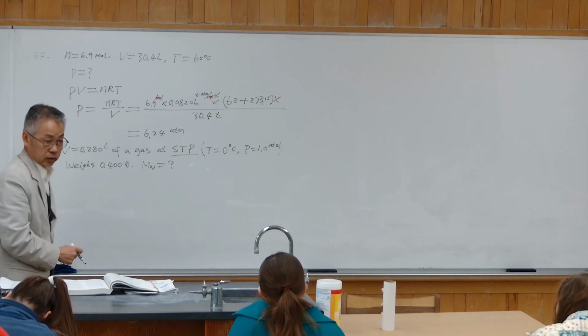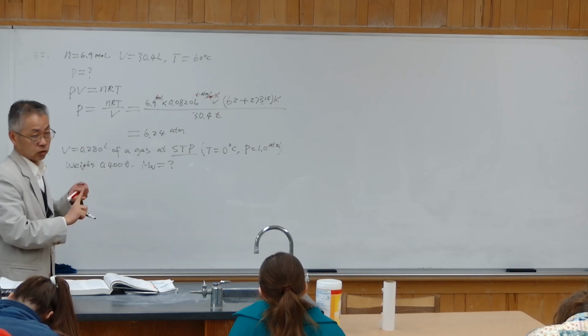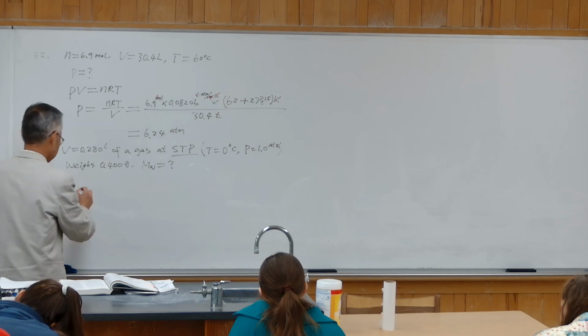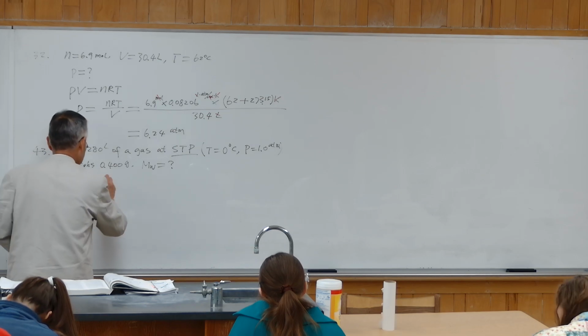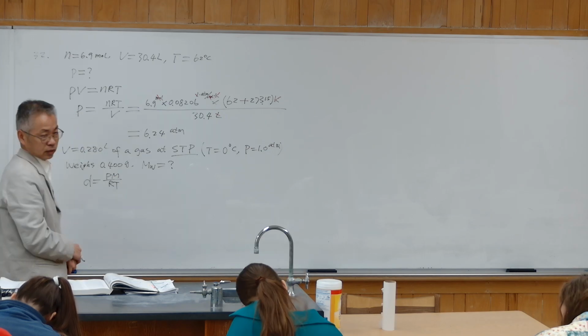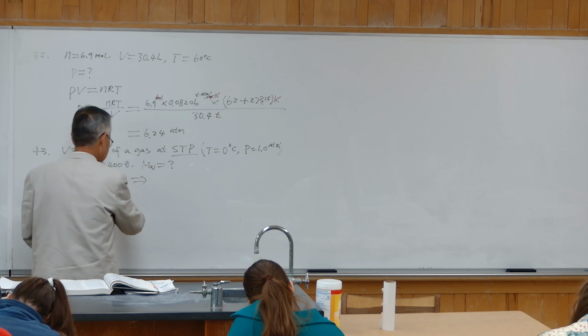So we need to use an equation related to molar mass. One is density, one is molar mass. These two actually come from the same equation, right? So do you remember density is PM over RT, right? If you remember this, then this M is molar mass.